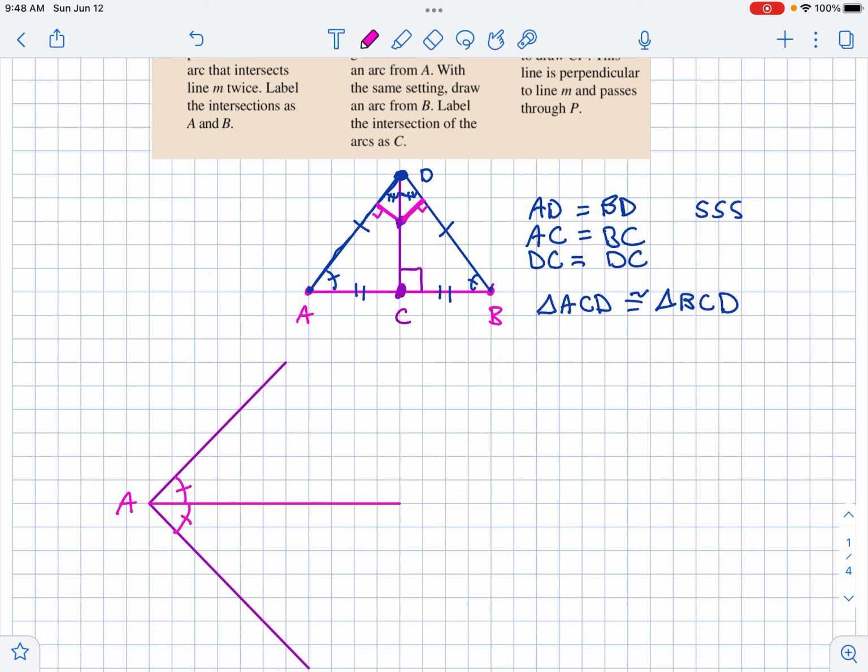Now, if we go to any point on this line that's on the angle bisector, and I measure the distance over here, that right there, that distance, and then I go over here and measure this, and that's perpendicular, then one of the things we know for sure is this distance and this distance are the same.